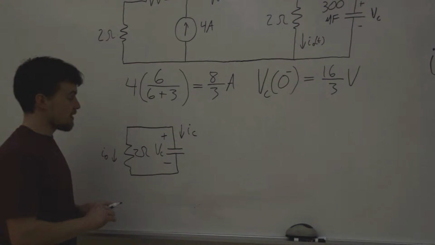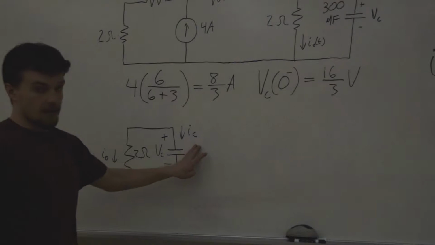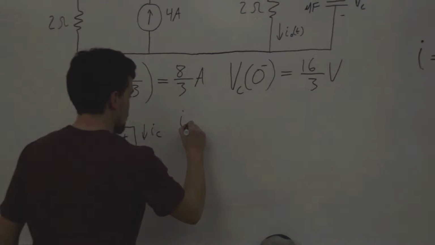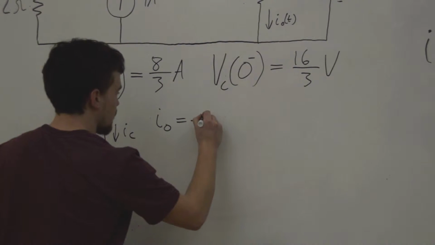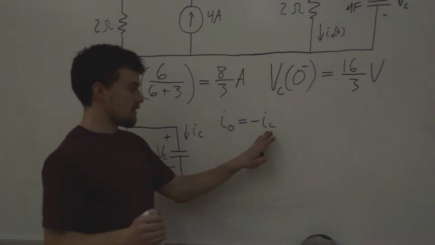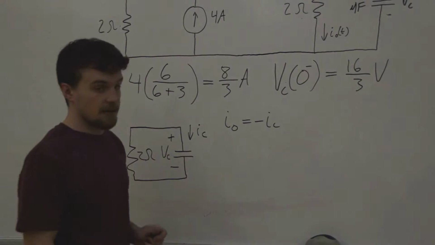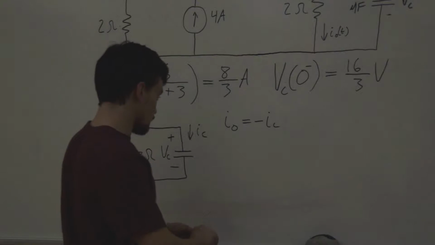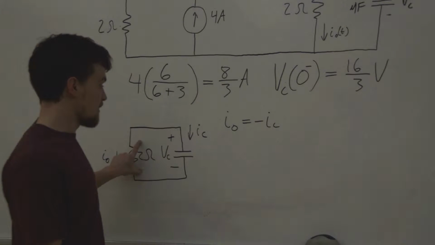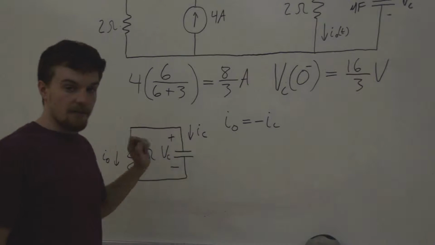Now, we can see that the current we're looking for is the opposite of the current flowing into the capacitor. So that gives us this relation: I naught is equal to negative IC. Now, we know that IC is equal to the change in voltage across the capacitor times the capacitance value. And we know that the current in this resistor, I naught, is equal to the capacitor voltage divided by the resistance.